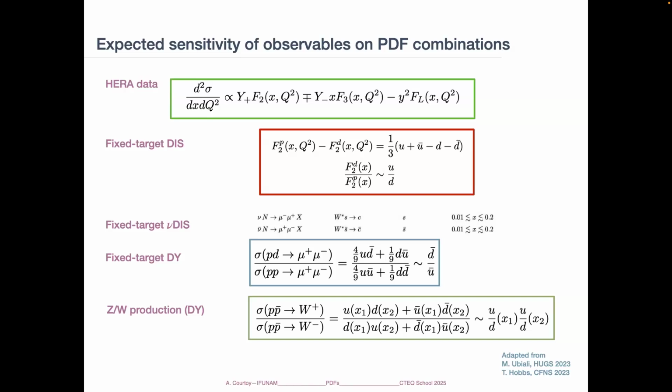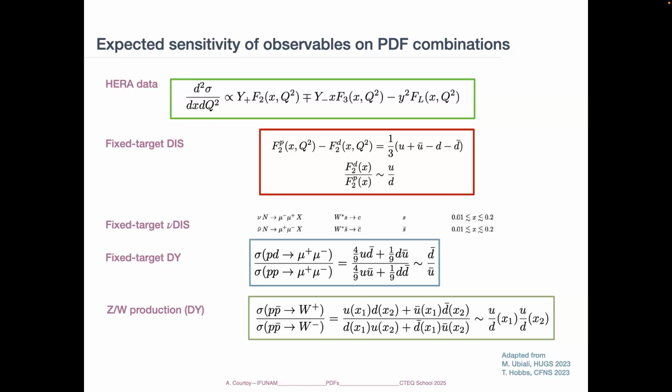If you take fixed-target Drell-Yan, you would have D bar over U bar, that's for the photon in this case. And if you have Z and W production, you can actually get U over D as well. Different X ranges, different Q ranges, but that's what you expect. Any questions so far?